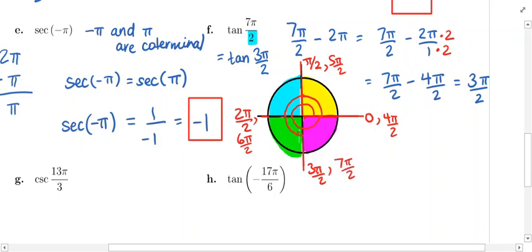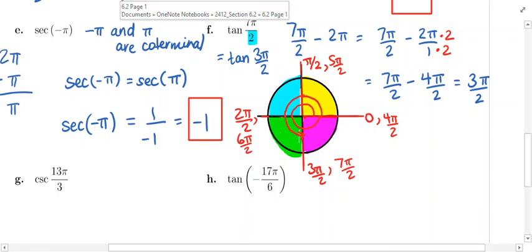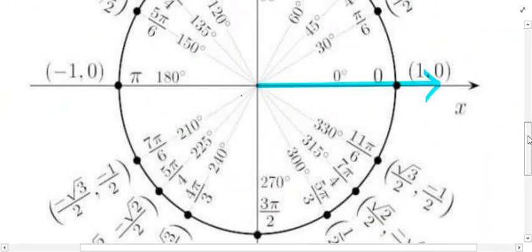If you just draw a little schematic, you can see that 3 pi over 2 and 7 pi over 2 are coterminal. So now that we've established that, we know what angle we need to look at.